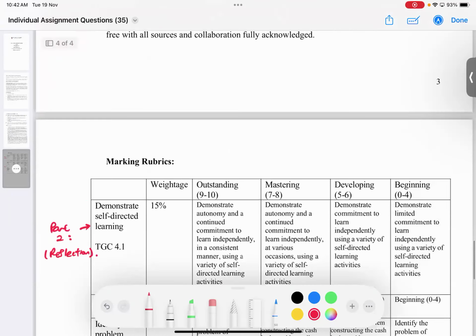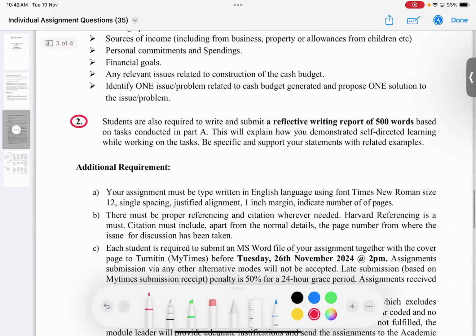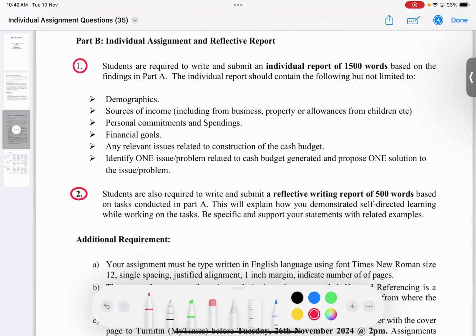Let's talk about what you need to write. For part 1, what I expect is, first of all, 1,500 words. Demographic, as in a quick intro on the background of the interviewee.